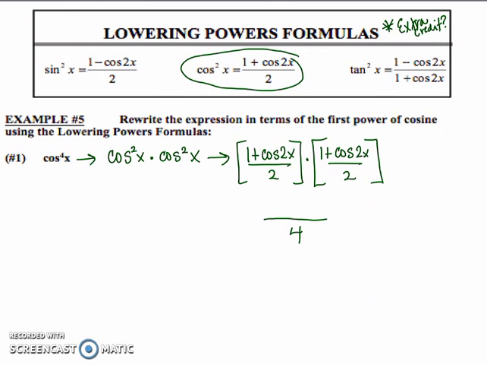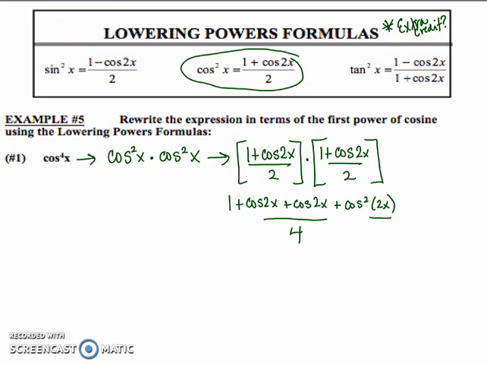Okay, but when I multiply the top, I have to FOIL 1 plus cos 2x times 1 plus cos 2x. And so when I FOIL that out, what I get is 1 times 1 is 1 plus my outers give me cos 2x. My inners give me another cos 2x. And then my lasts, cos 2x times cos 2x gives me cos 2x squared.